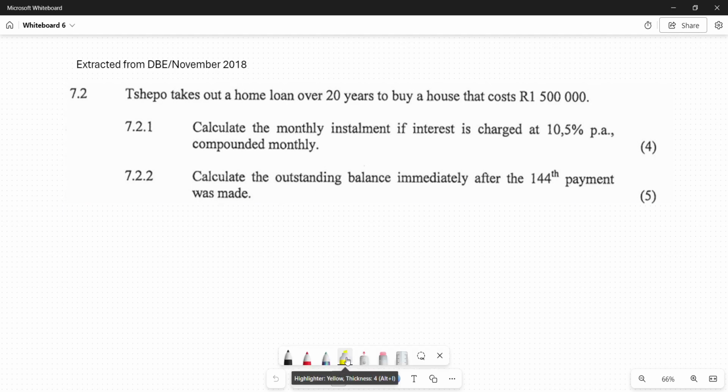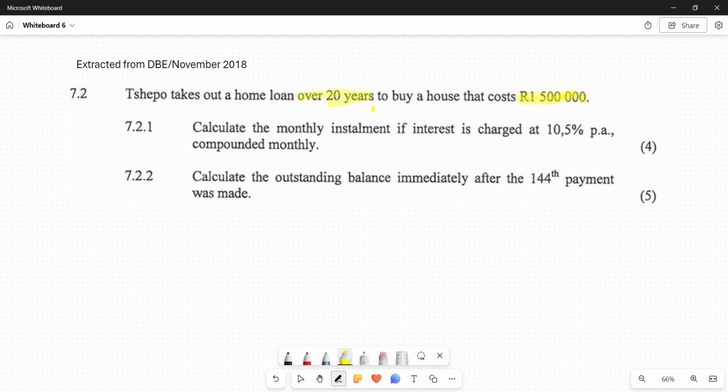So now, the first question, let's firstly highlight the given information. They are saying Support takes out the home loan over 20 years to buy a house that costs 1,500,000 rands. So our loan amount will be equal to 1,500,000.